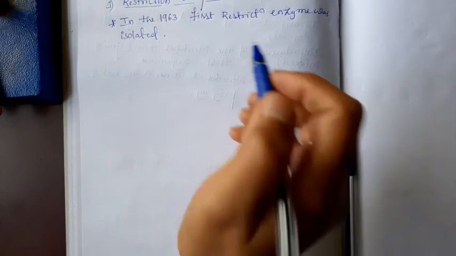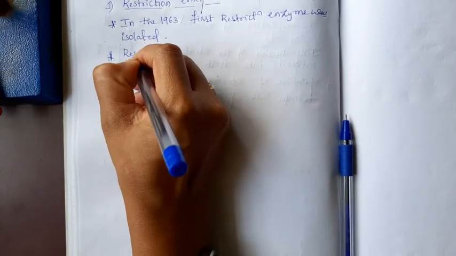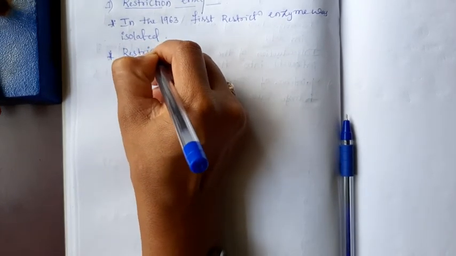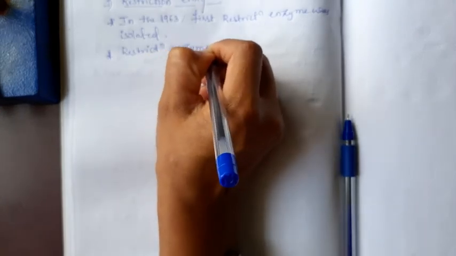DNA is cut with the help of restriction enzymes. Restriction enzymes are also known as RENs.